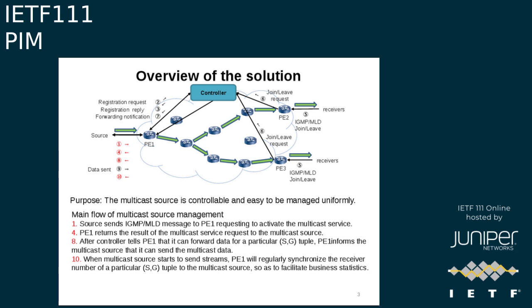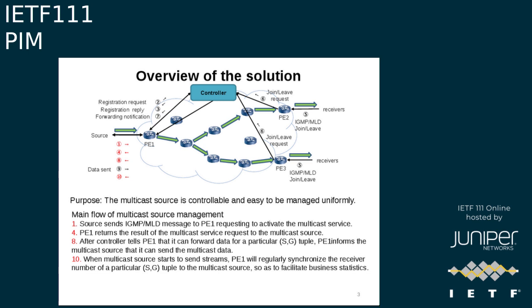Step 1, the source sends a newly defined multicast source registration message to the ingress router requesting to activate the multicast data transmission service. Step 2, the ingress router sends the request information to the controller.